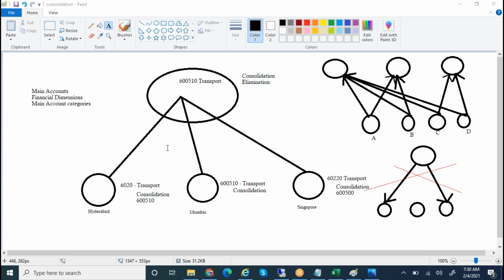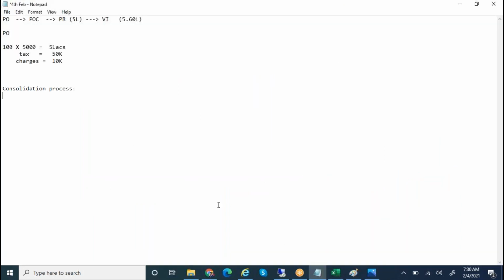Now one more topic I would like to discuss today. Another topic is the year-end process. Anyone has any idea? Year-end process or year-end close?